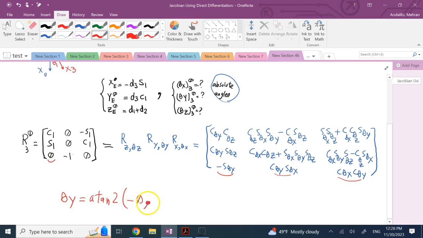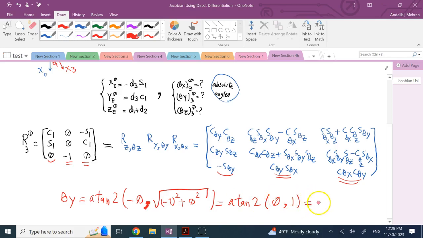And then it is going to be the square root of these two other elements squared added together. So I have to square these two, add them together, and take a square root. So it's going to be what? Arctangent 2 of 0 and 1, right? That's what it is, and of course it is going to be 0.